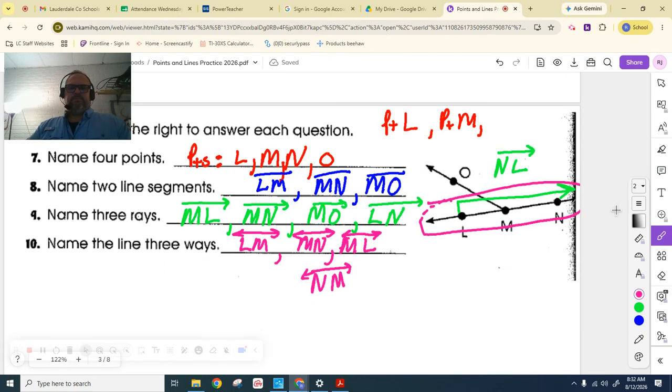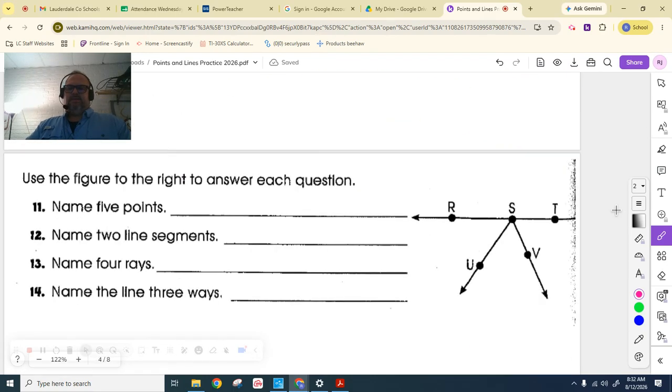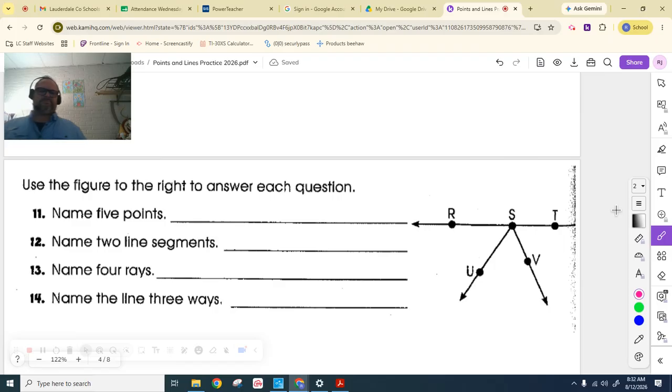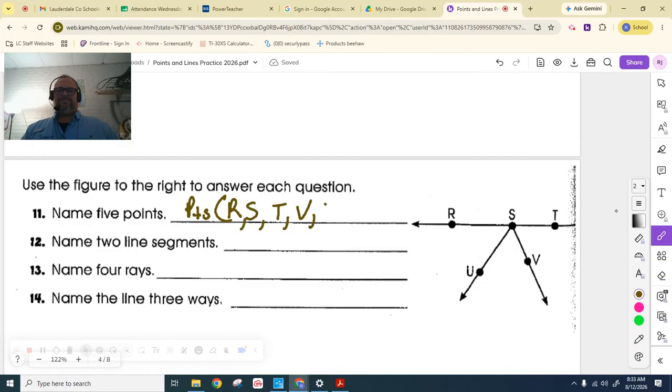Awesome possum. All right. Name 5 points. Oh, you're evil.